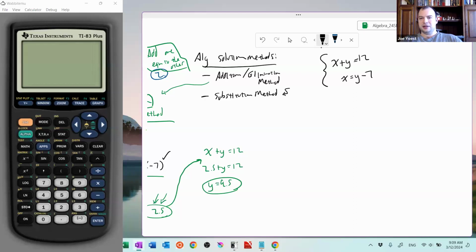What's the idea here? Well, I have an equation, x plus y equals 12. But I also have another relationship between x and y, that x is just y minus 7. So everywhere that I see an x, I can just swap it out for y minus 7, which is the same thing as x.